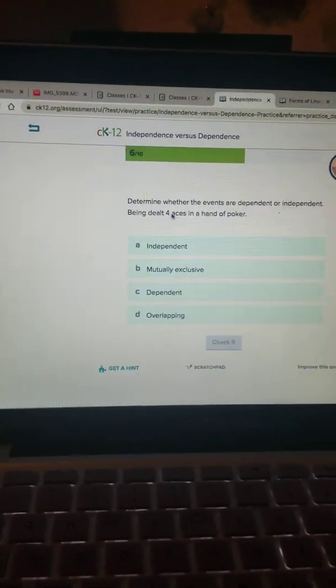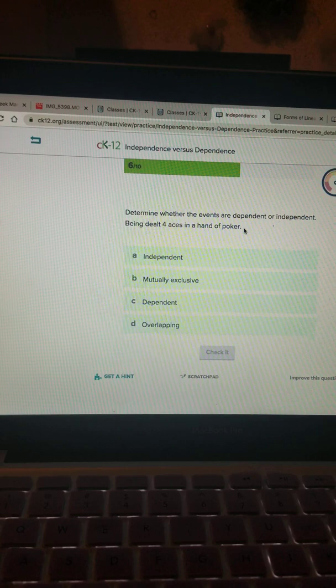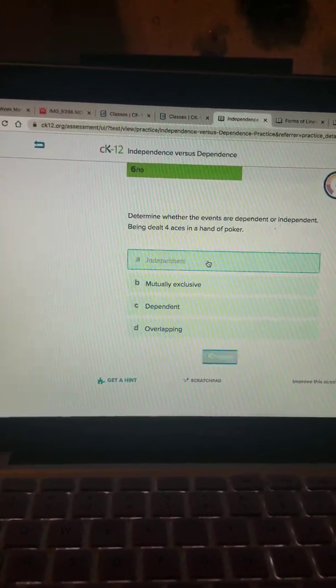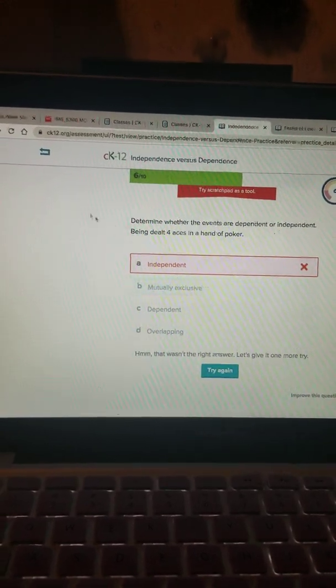Okay, determine whether the events are dependent or independent. Do I put it back in, which is independent, or is it dependent, meaning I ate one or took one away? Being dealt 4 aces in a hand of poker. That would be independent because, nope, okay.